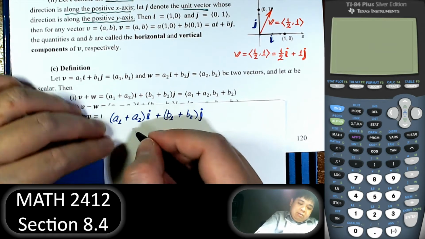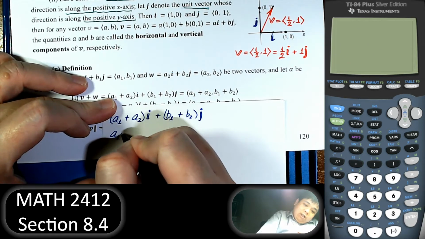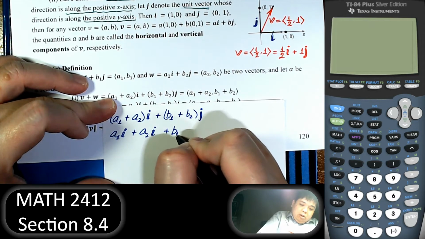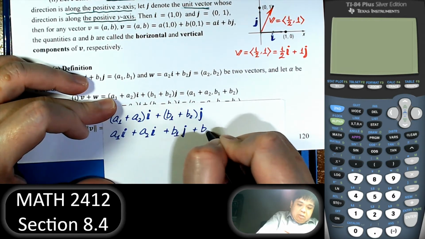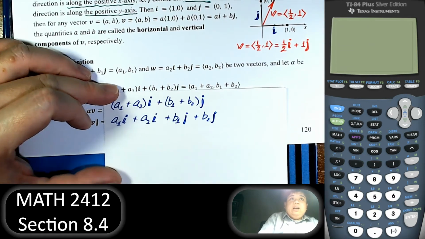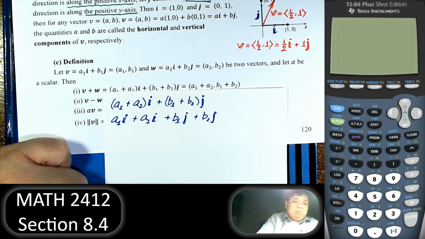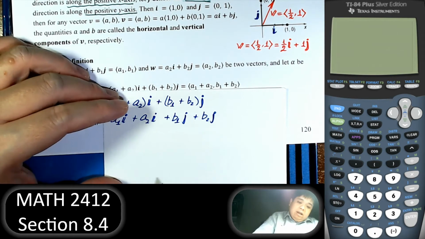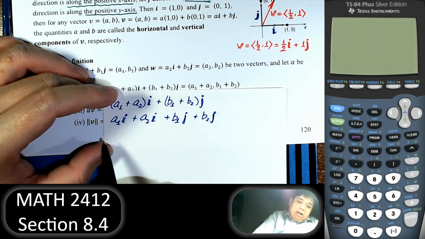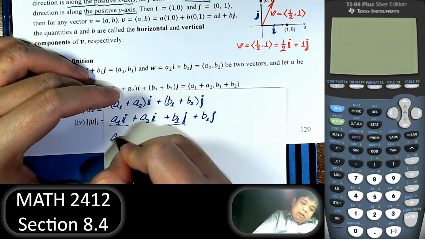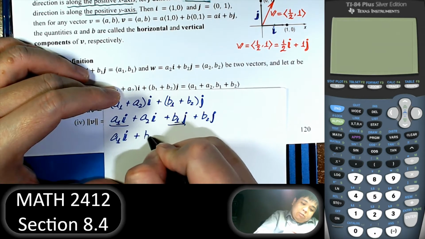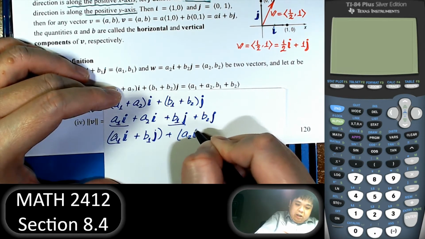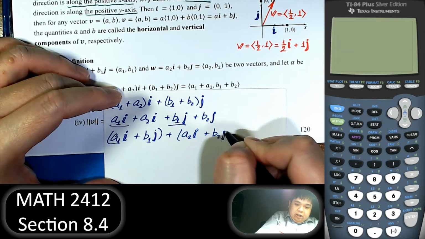When we add them, we have a1 i, a2 i, b1 j, b2 j, and then we can group a1 i plus b1 j plus a2 i plus b2 j.